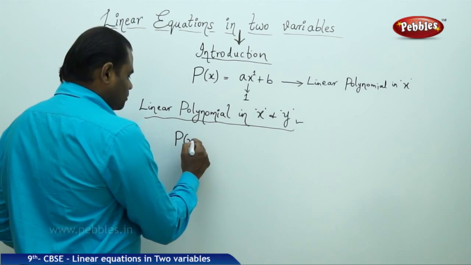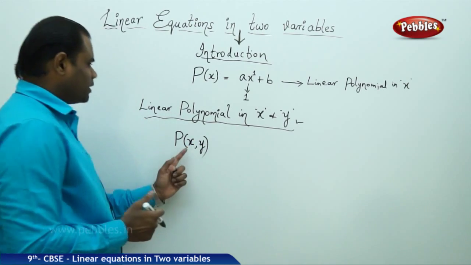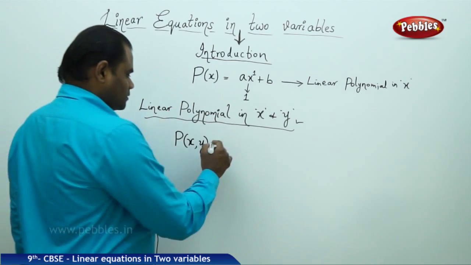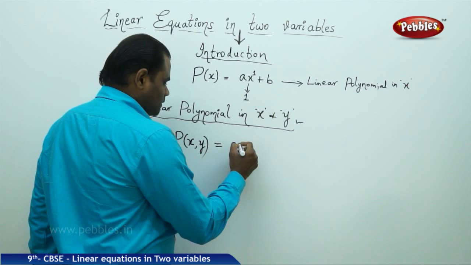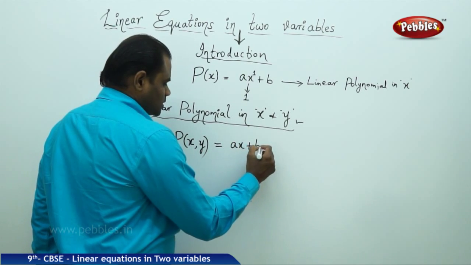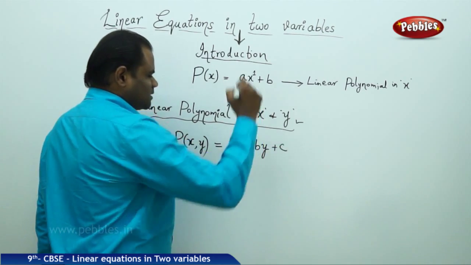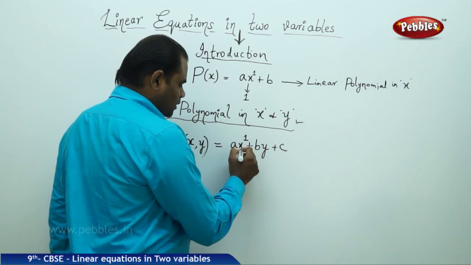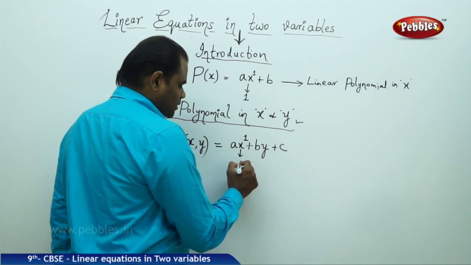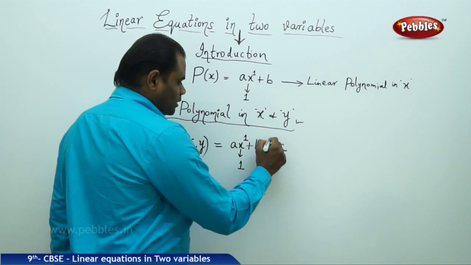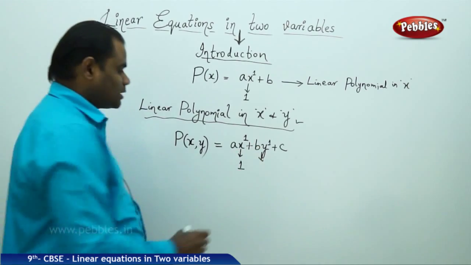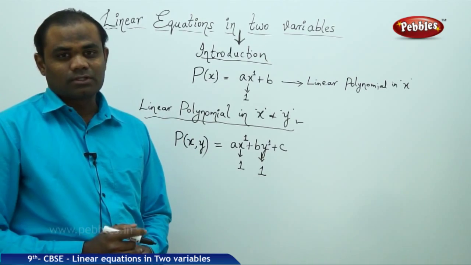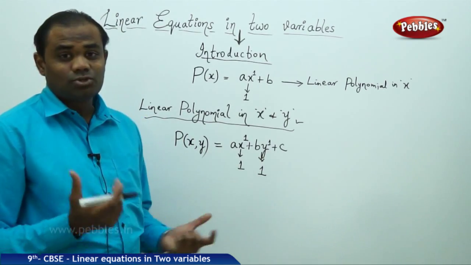So a linear polynomial in two variables x and y, unlike the one variable x, is defined to be ax plus by plus c, because each term has degree 1, with variable x being degree 1 and this term equally having degree 1. Therefore, such a polynomial is called a linear polynomial in two variables.